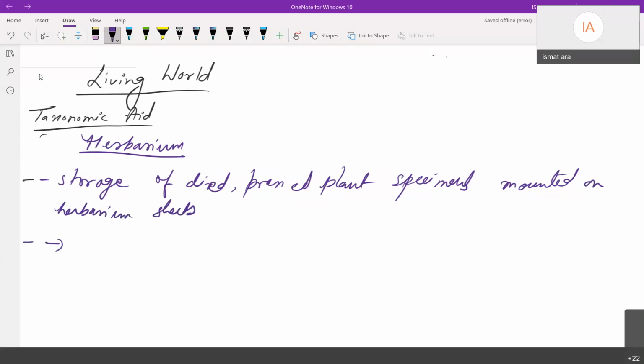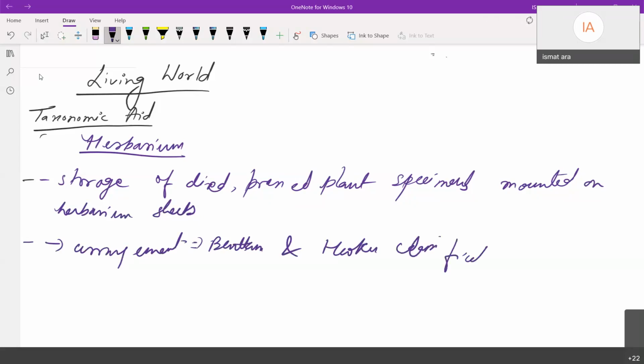How will you arrange the things here? Arrangement is done on the basis of Bentham and Hooker classification. Now, what are the steps for preparing a herbarium? Suppose you want to prepare a herbarium.